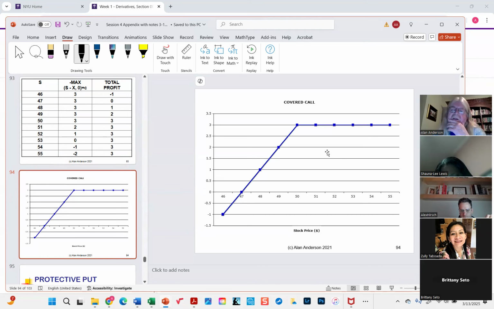So I don't know. I'm personally not sure that this is such a smart strategy, but you can see why you might want to do this because you're putting money in your pocket, and you're hoping that you're right that the price will not go up too much. But even if it is, you'll at least collect the $50 when the option is exercised.